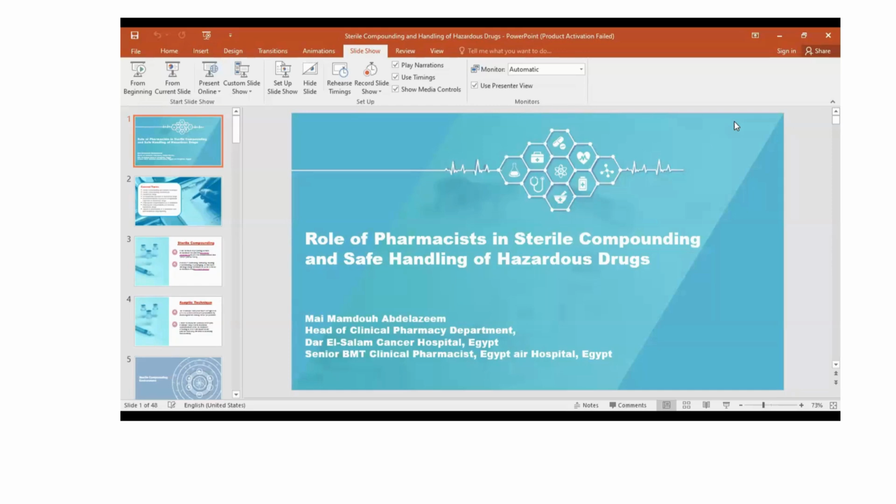Nurses also monitor patients for adverse effects and educate patients about the risk of these drugs. Also, in some facilities, nurses are responsible for the preparation and compounding of hazardous drugs, but under the supervision of clinical pharmacists or pharmacists.